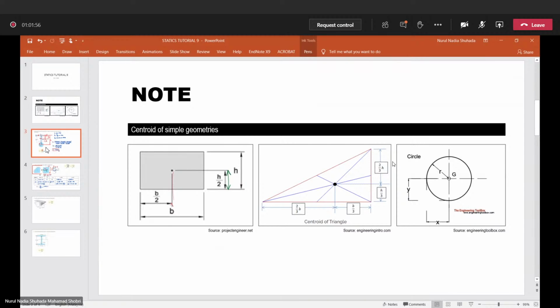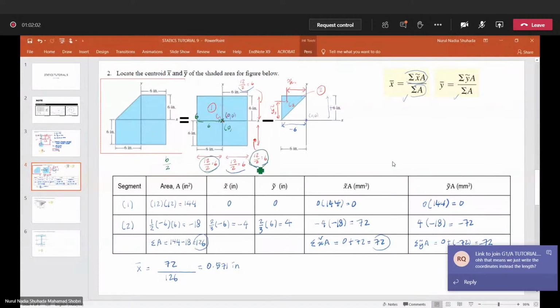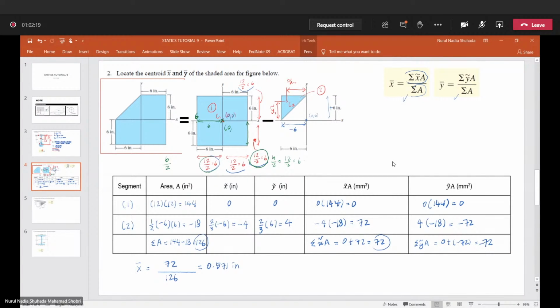So this is h over 2, equal to 12 over 2. You get 6. So the distance 6 here at the end is the position. If you intersect these two values, you will get the value here, 0, 0.